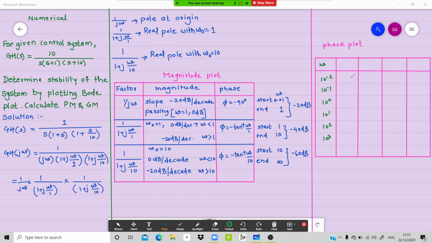Fine. Then the first component is 90 only, so no need to worry. I'll write minus 90, so it will get added with every component. The second one is tan inverse of omega. And the third one is, sorry, minus tan inverse of omega. I'm not able to write it. Wait, I'll write it again.